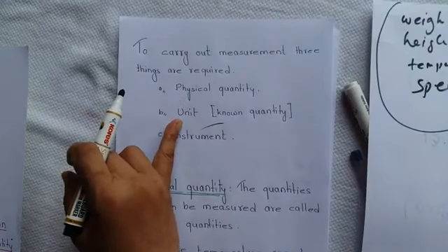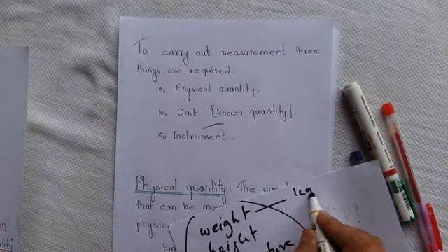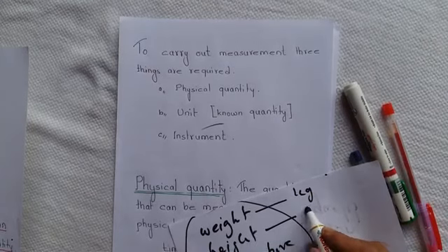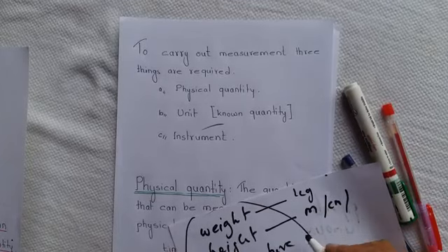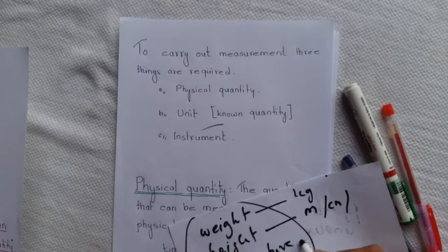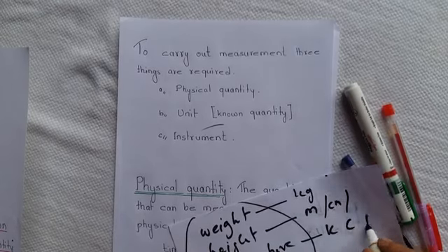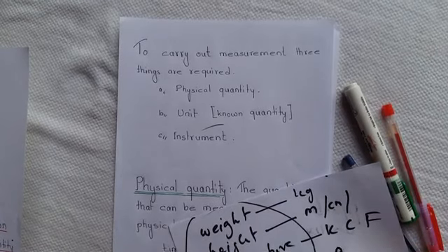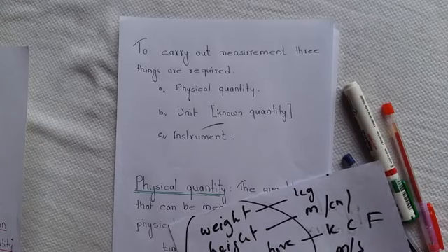And the next is unit. So if you want to measure weight, you need kg or newton. If you want to measure height, you need meter or centimeter. And if you want to measure temperature, you need Kelvin, centigrade or Fahrenheit. If you want to measure speed, you need the similar unit, that is meter per second. So these are the units and these are the physical quantity that you want to measure.